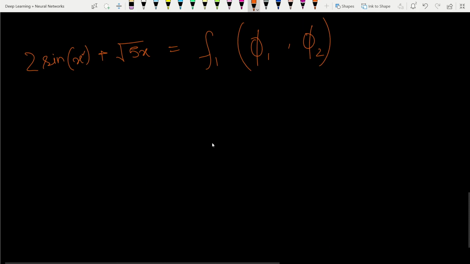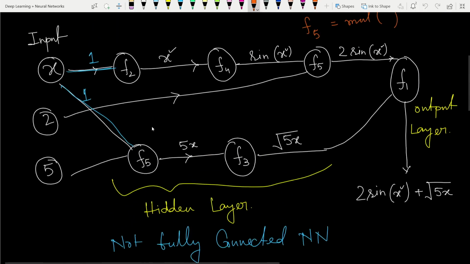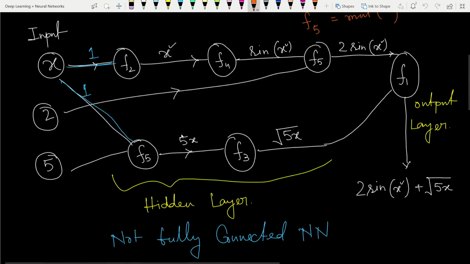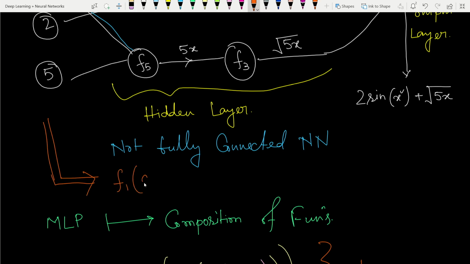So this is another structure of the multilayer perceptron. All the MLPs you can write in that way also. It is similar to f1 with phi 1 and phi 2, the same thing.